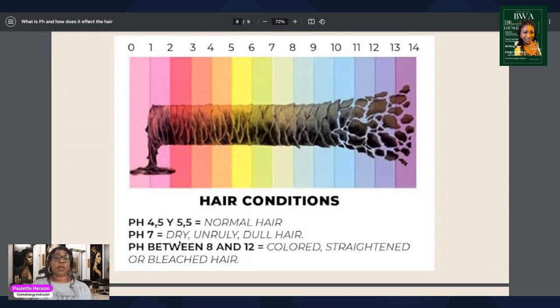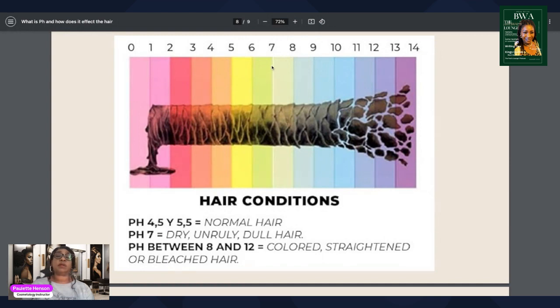Now, this is what hair looks like during that process. So last week, our hair started at 4.5 to 5.5, which is right here in this orange to yellow area. Now, pH 7 equals dry, unruly, dull hair.